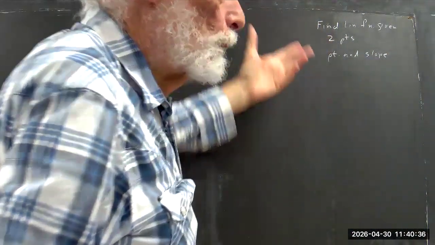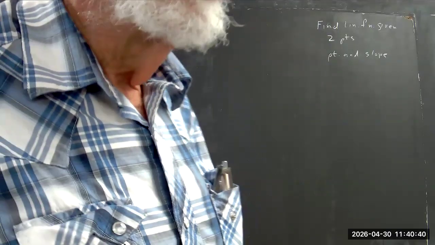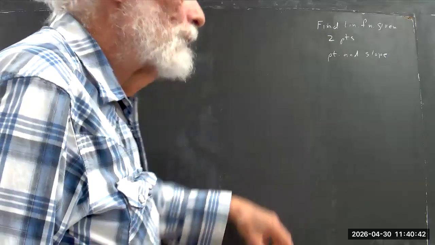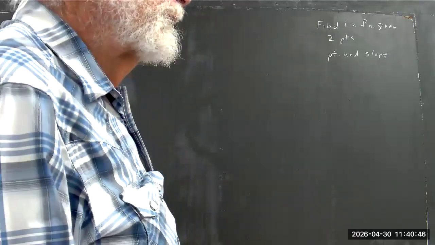Given 2 points or given a point and slope. Okay, review that. Make sure you refresh yourself. Everybody has known how to do that. So just be sure you're up on it.